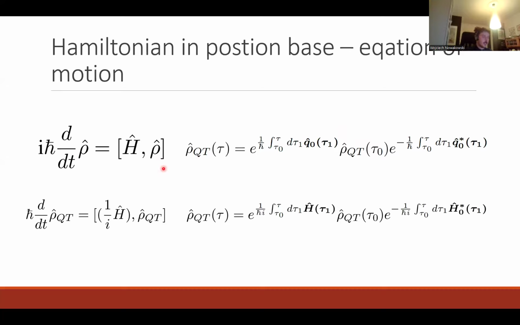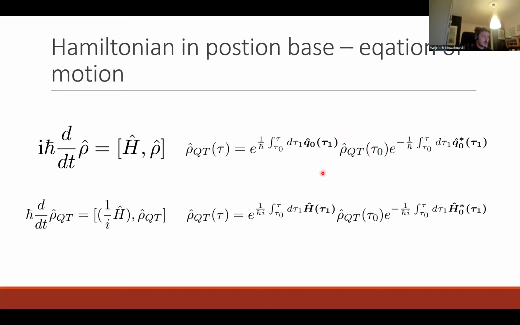We define the density operator by i h bar times d over dt of the density operator being equal to the Lie bracket of the Hamiltonian and the density operator.